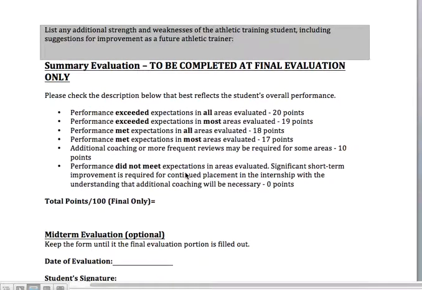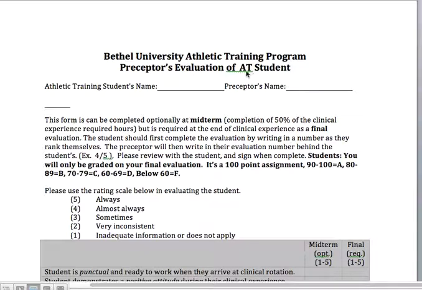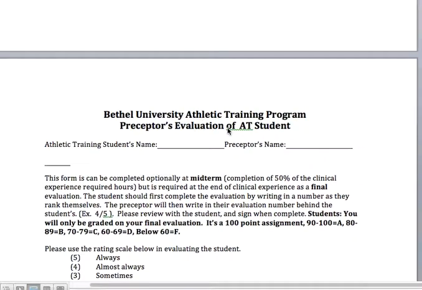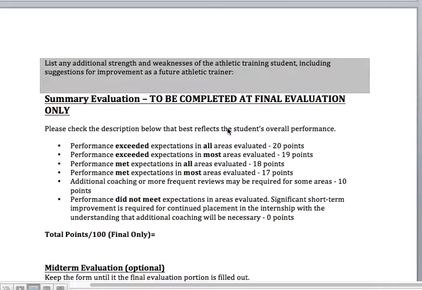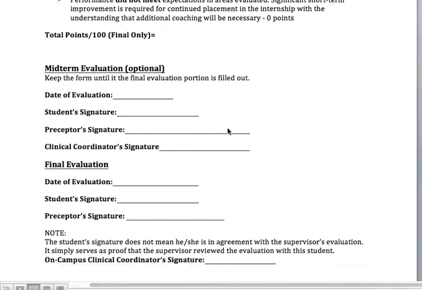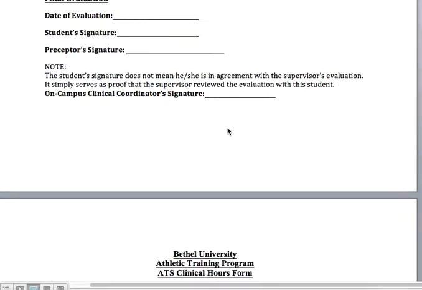This is on Google Docs, so if your preceptor prefers to complete this on Google Docs rather than this hard copy form, that's fine. You should have access to it and they should as well. So I'll make sure that you have that opened up. Or you can bring in this hard copy, like I said, just rip it out of this packet and take it to them at the end, or midterm if they choose to do that.